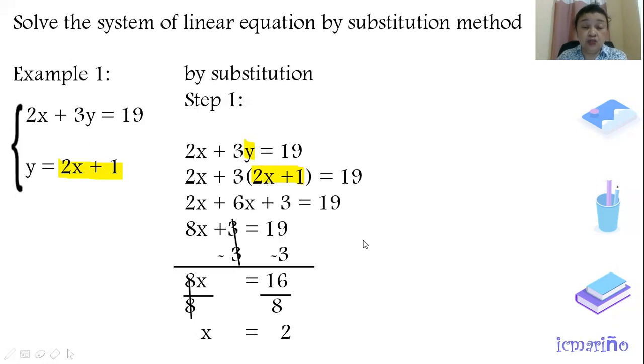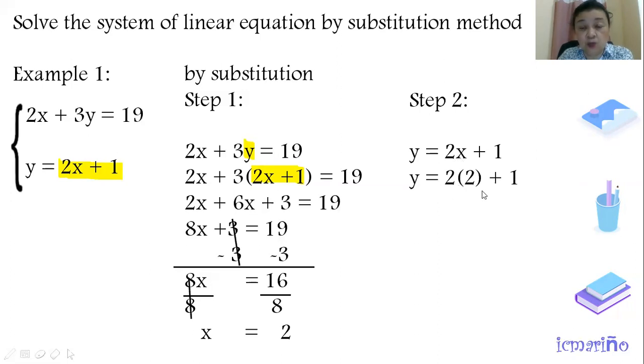Now, by substitution, for step 2, we are going to substitute the value of x to our equation. Okay, you can choose whichever you want from these two equations. But of course, we are going to use the y equals 2x plus 1. And we're going to substitute the value of x here.